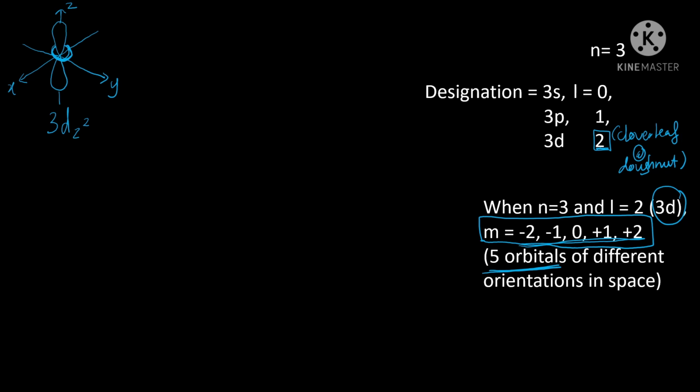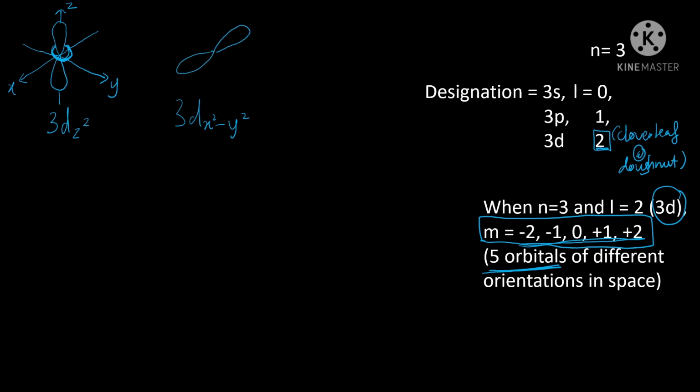And then we can draw 3dx²−y². For 3dx²−y², the orbital has the cloverleaf shape, and it is lying on the x and y axis. So how should we draw it?